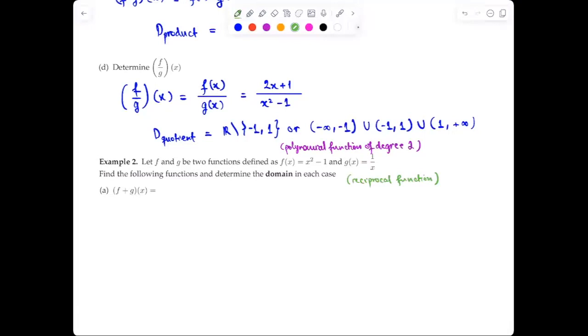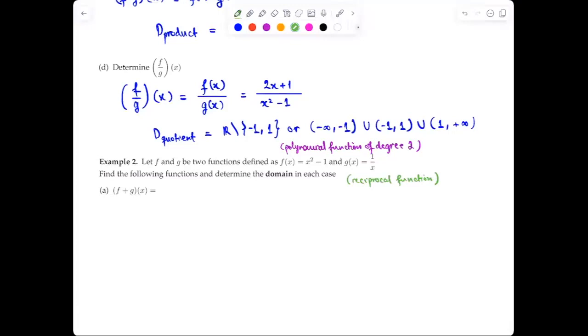All right, so as we learned before, the domain of any polynomial function is all real numbers. And the domain of the reciprocal, in this case a rational function, is everything except 0.